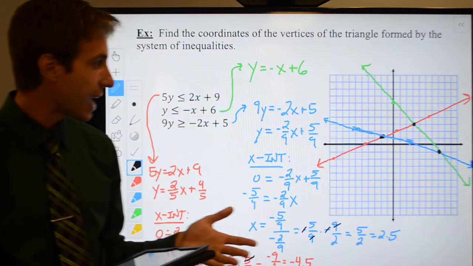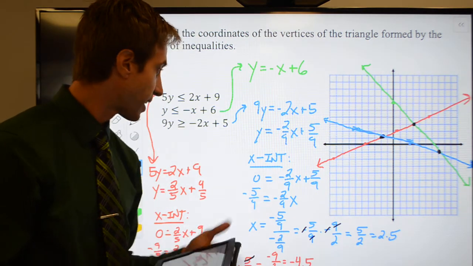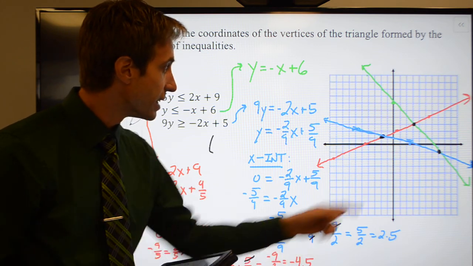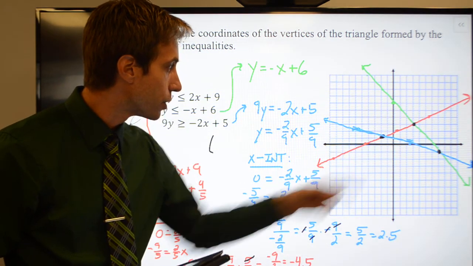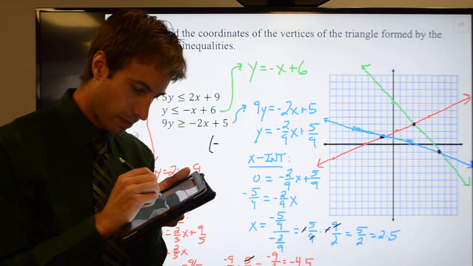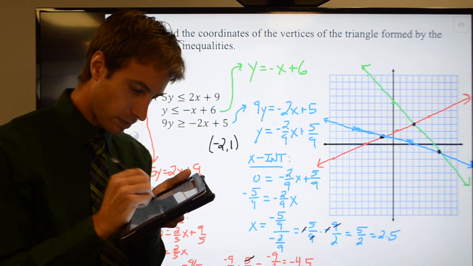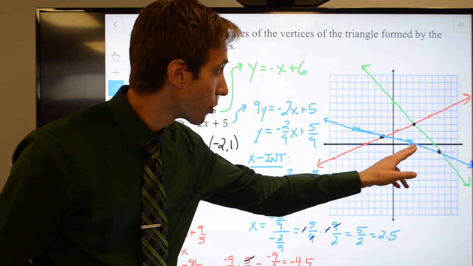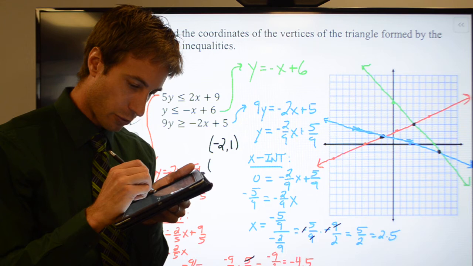All right, let's go ahead and list those points. Then I got a little space right here. I'll throw them right in here. My first one is at negative 1, positive 1. My next one is at positive 3, positive 3. So 3, 3.